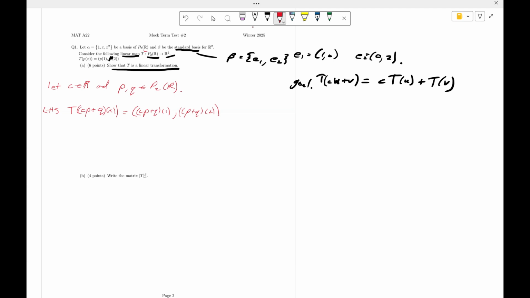And now here, I'm going to use my definitions, and this is by definition of T. I'm now going to use my definition of function addition and function scaling here. So it equals (cp(1) plus q(1), cp(2) plus q(2)), right?